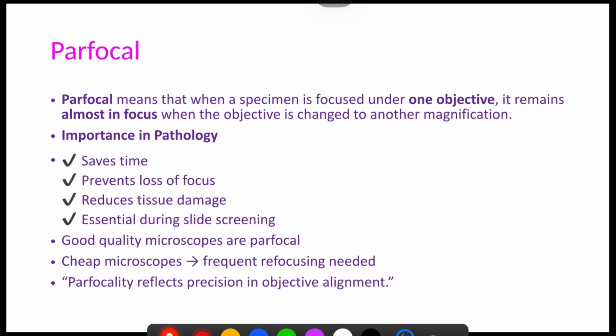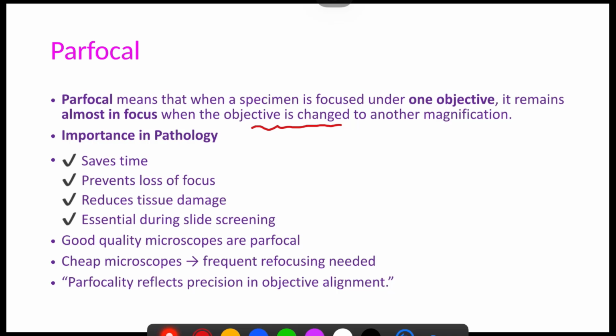So what is parfocal? When the specimen is focused under one objective, it remains almost in focus when the objective is changed to another magnification. Suppose we are using 10x and we have focused on one particular cell. Now we change to 40x. Still we can see that particular cell without adjusting the coarse knob.